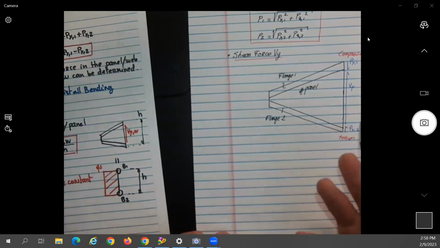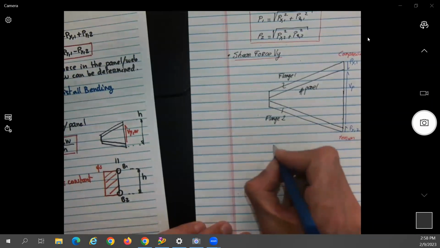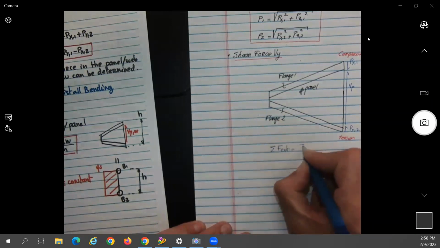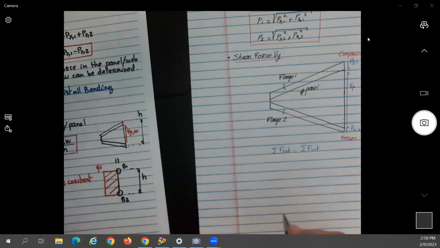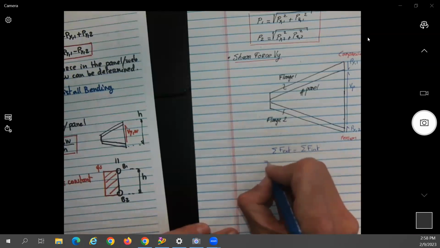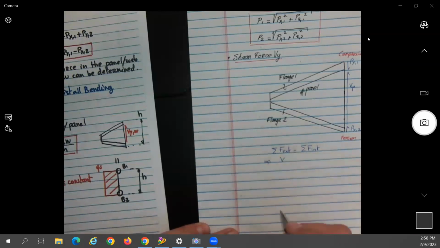Like I tell you, it doesn't matter how you plot it, as long as you know what you're doing. So like always, what do we do? The summation of external forces should be equal to the summation of internal forces. So what does that mean?